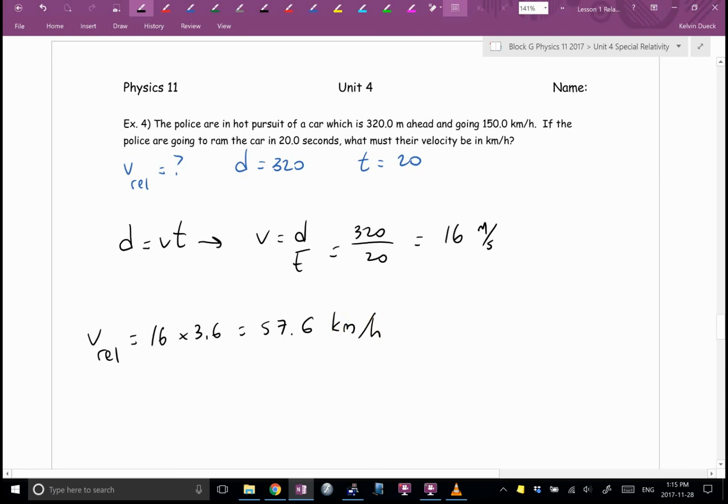But that's the relative speed. How fast are the bad guys going? 150? So how fast do the police have to be going? Yep. And you know what? We need to add that 57.6 to the bad guy's speed. The police are going to be 57.6 plus 150.